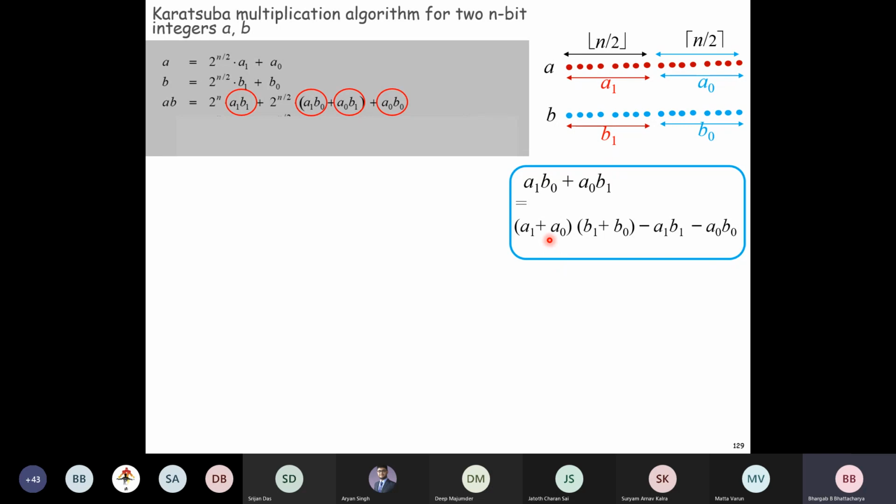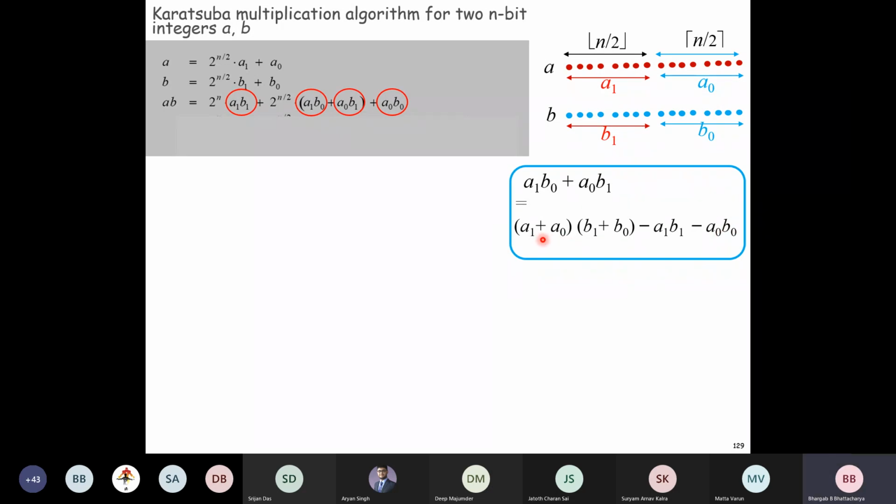The reason he did this expansion is the following. If you look into this term here, A1 B1 is already computed here, so there is a common term, which means you can reuse this product term here again. And similarly, A0 B0 is computed here, and you can reuse the value here.